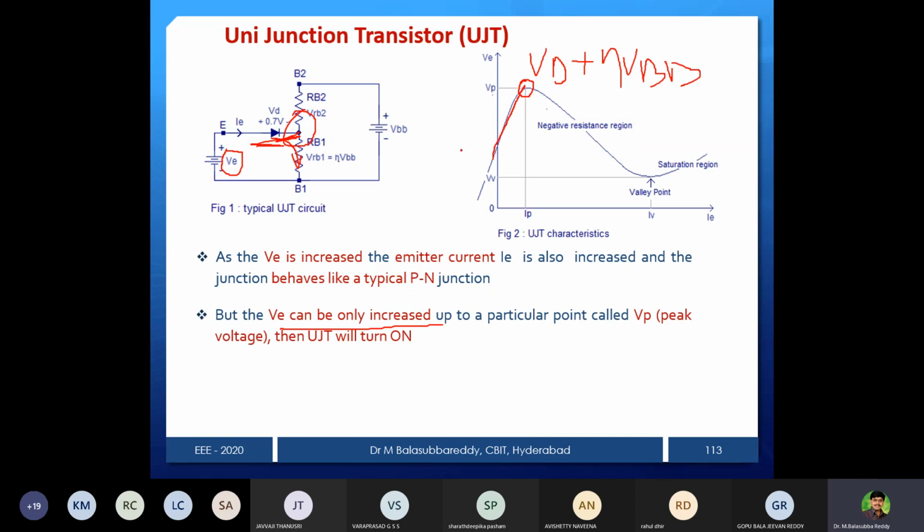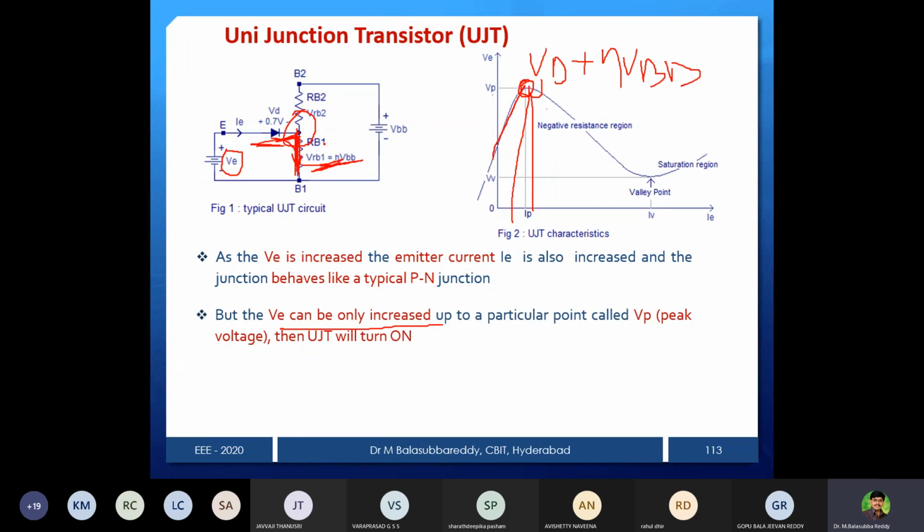So if that voltage is increasing gradually and the peak voltage is reached, then immediately what will happen? The device will start conducting. That means the junction is going to break down, and then the UJT is going to turn on. Once the UJT is on, the resistance of RB1 is very low, 47 ohms or something like that.